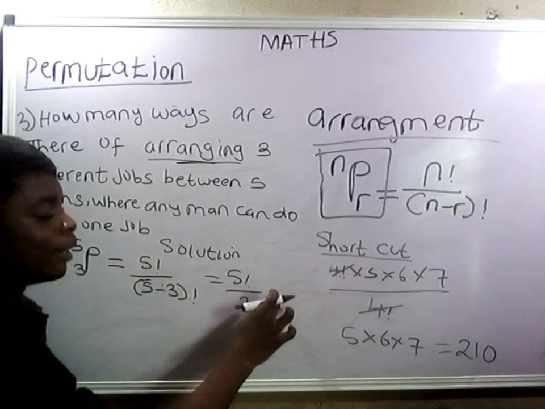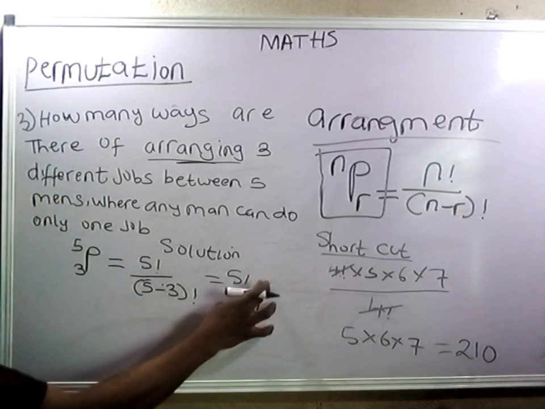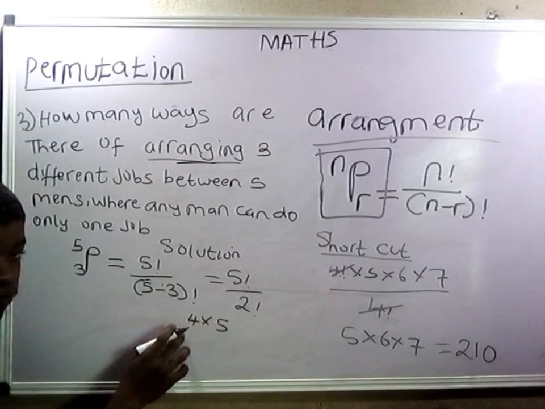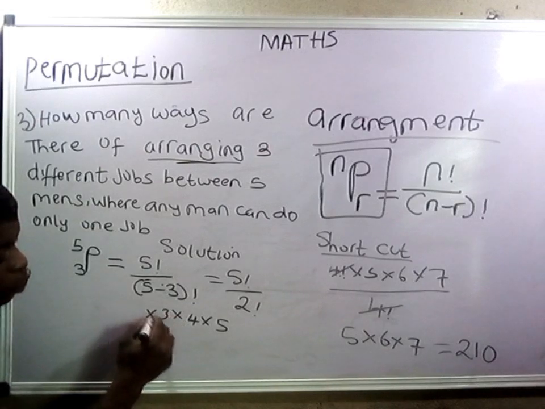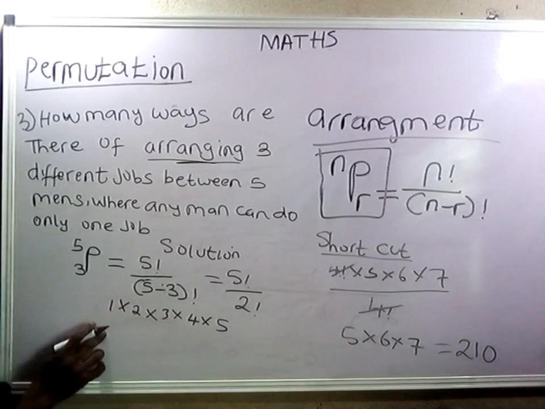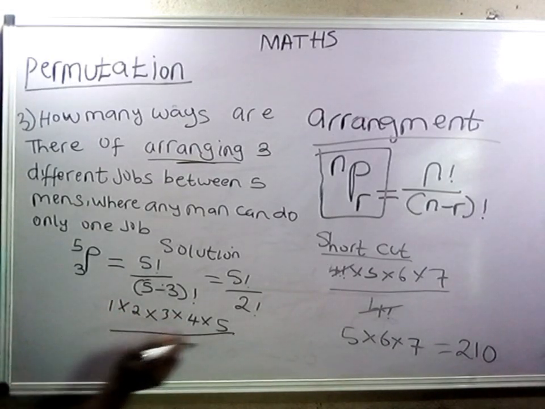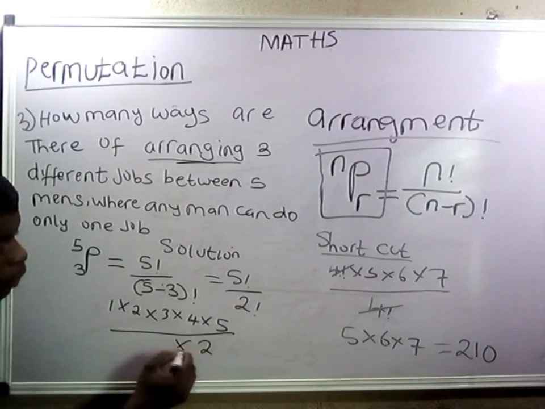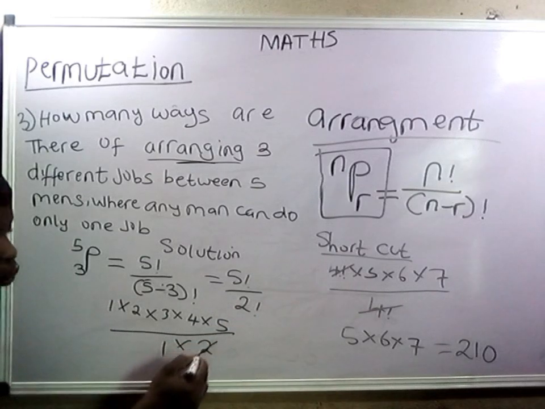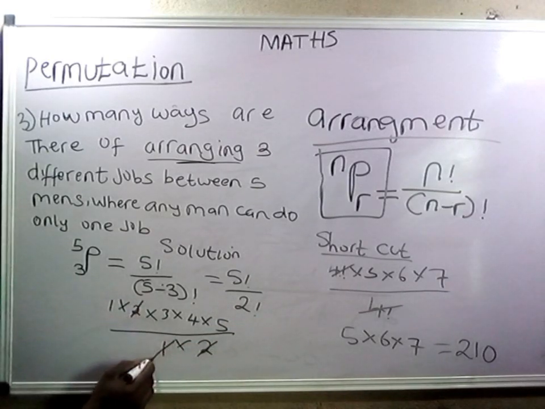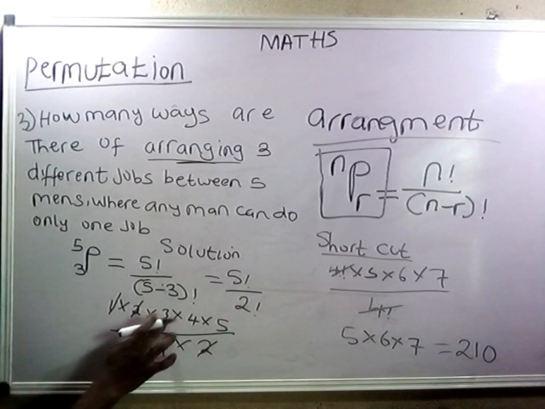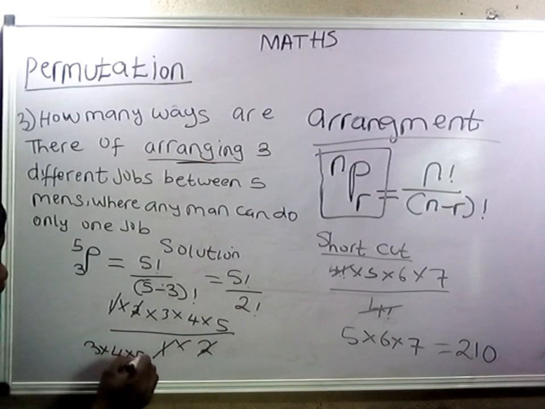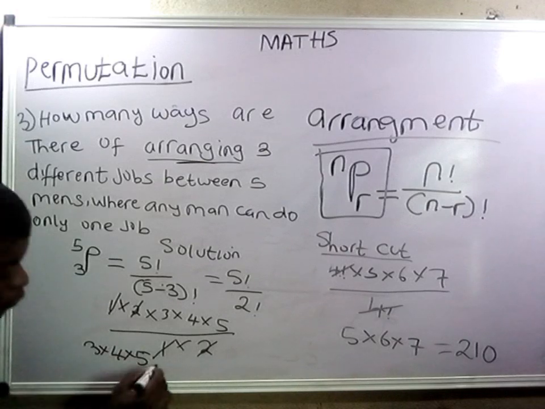Let's use the general method I told you earlier. Multiply 5 backwards for 5 factorial: 5 times 4 times 3 times 2 times 1. Over 2 factorial means multiply 2 backwards, you get to 1, you stop. So 2 times 1. 2 cancels this 2, 1 cancels 1. We have left 3, 4, 5.